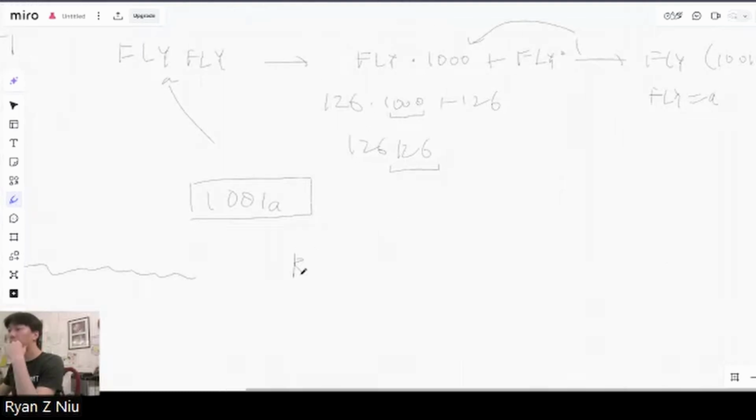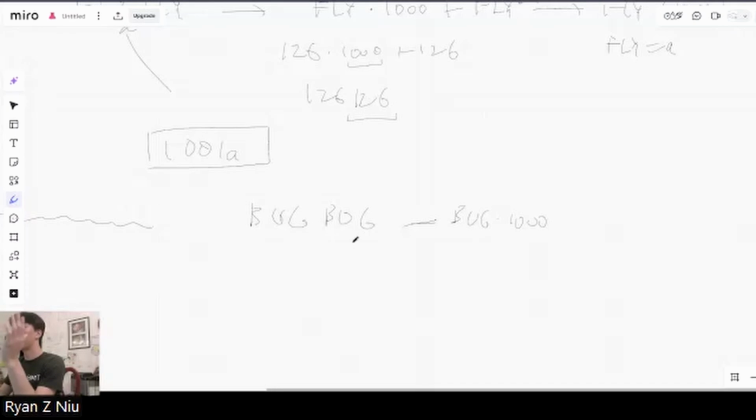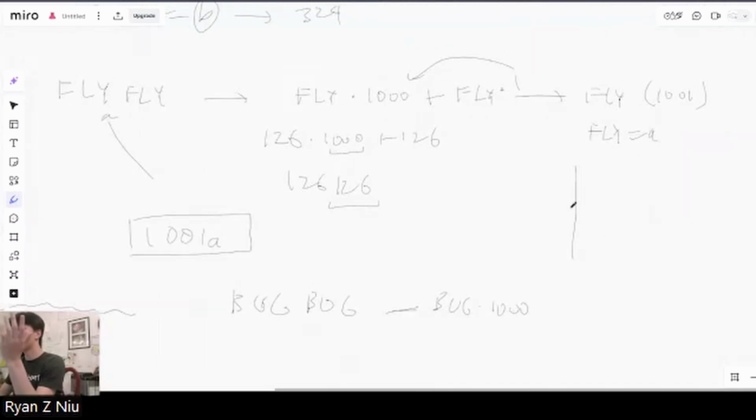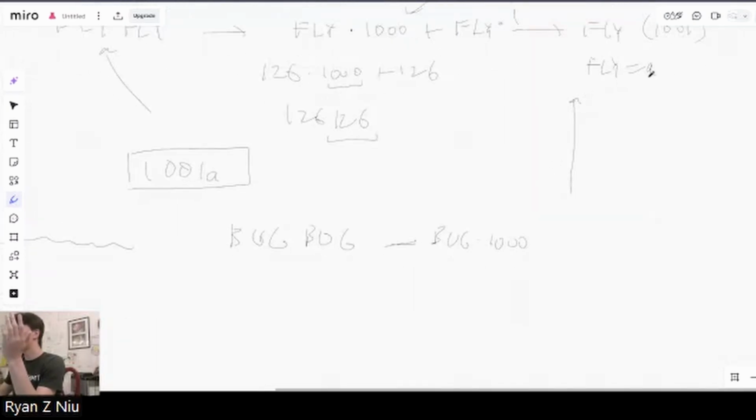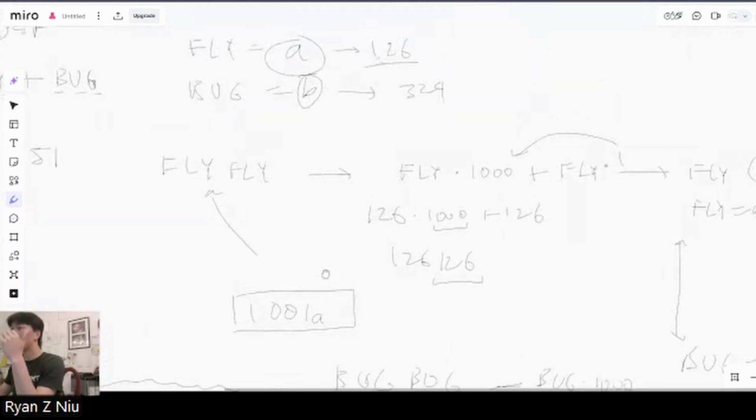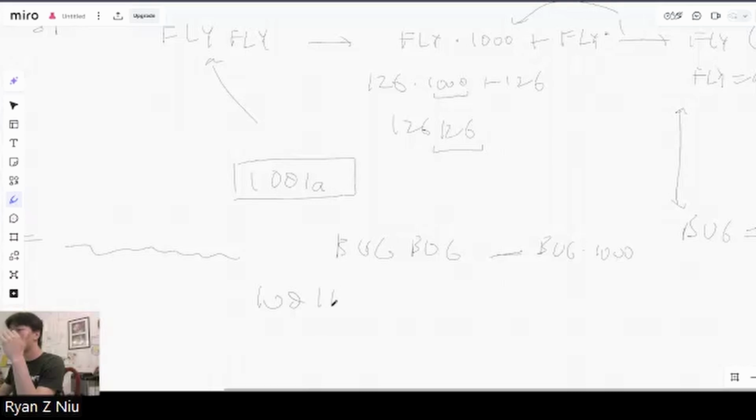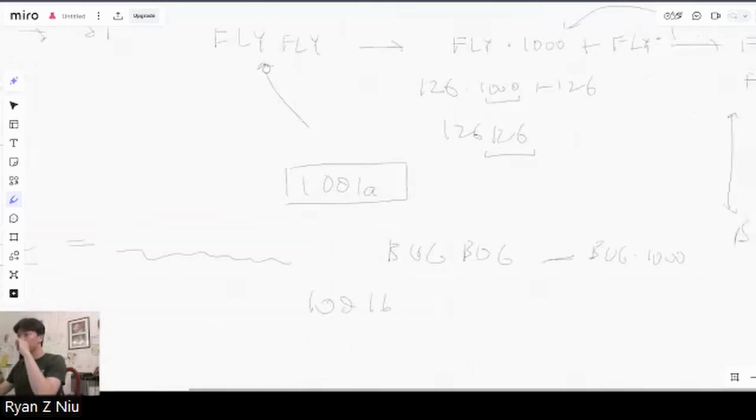And so BUG BUG is quite literally the exact same process. We do BUG times 1,000 plus BUG, so it comes out to the same thing, except instead of A we have BUG equals B. So BUG BUG is 1,001B.